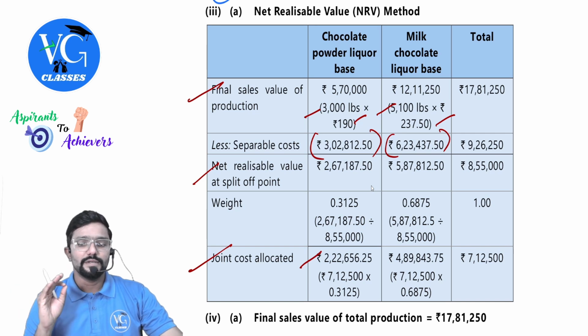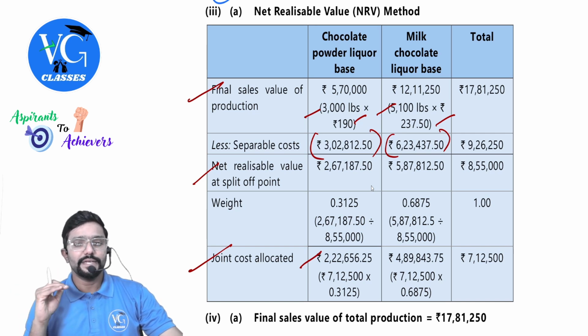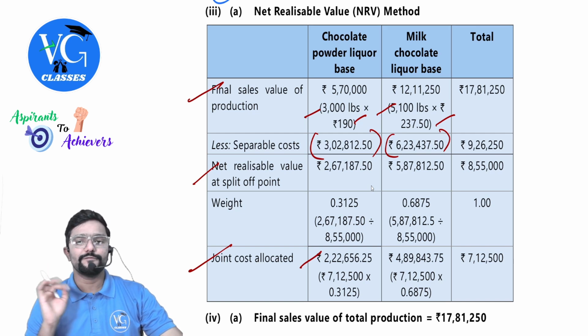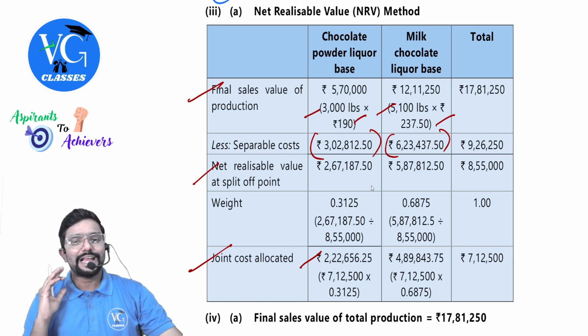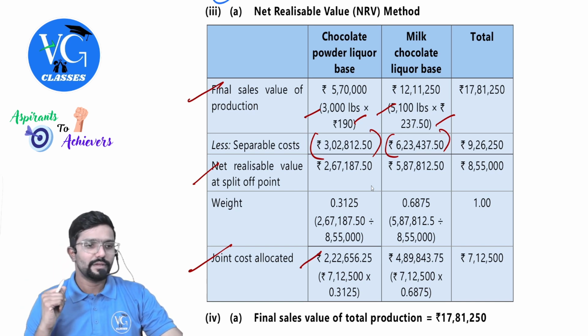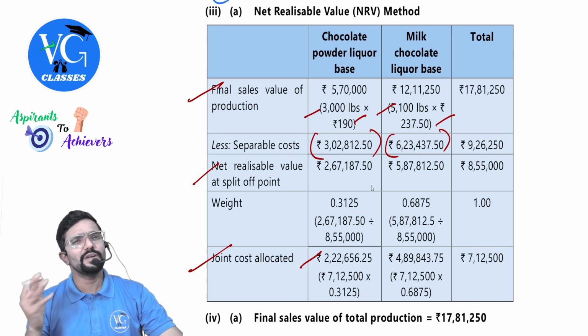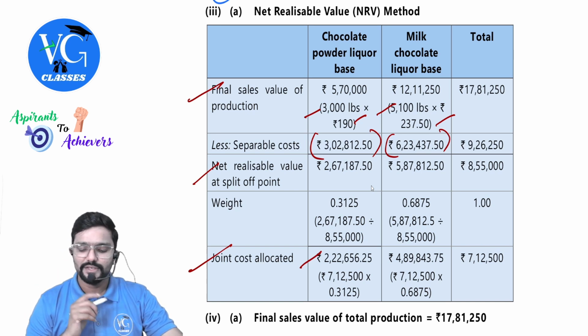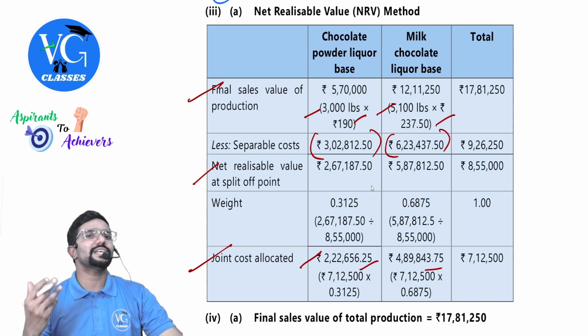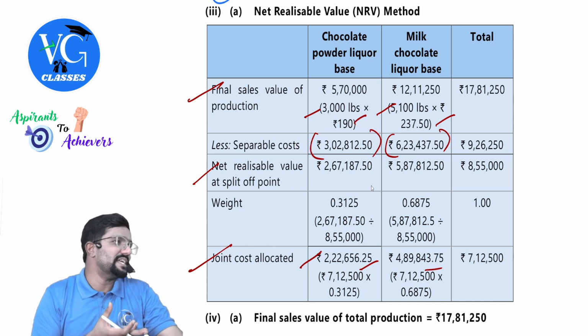Coming to the other side, 7,12,500 into 5,87,812.5 whole divided by 8,55,000. 4,89,844, you can note. If the options are also in decimals, and it is descriptive, you will round it off, guys. If they are given in rupees exactly, then better go with that. Even if by chance you round off, go for whichever is the nearest.